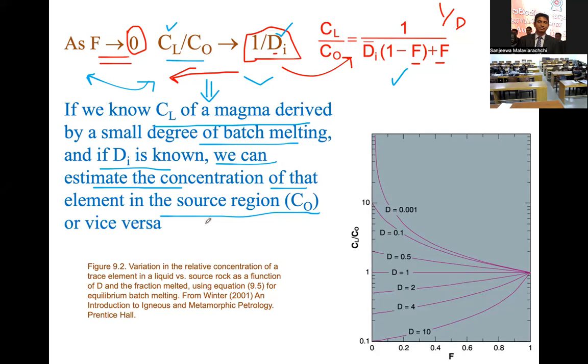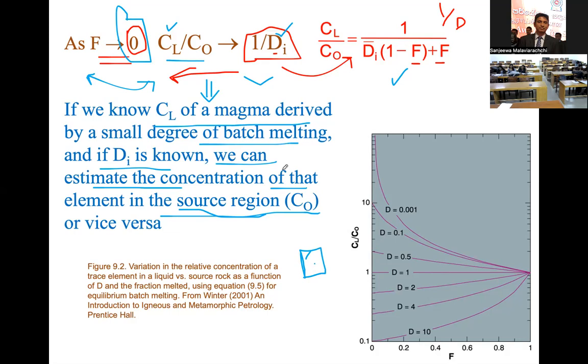Normally, we don't know source region compositions, right? For example, you are taking a rock today. I'm just giving you an application, which might not be directly applicable to you, but since you may find some confusion here about why we consider F equal to 0, as I said, there are some situations where we want to consider that as well.